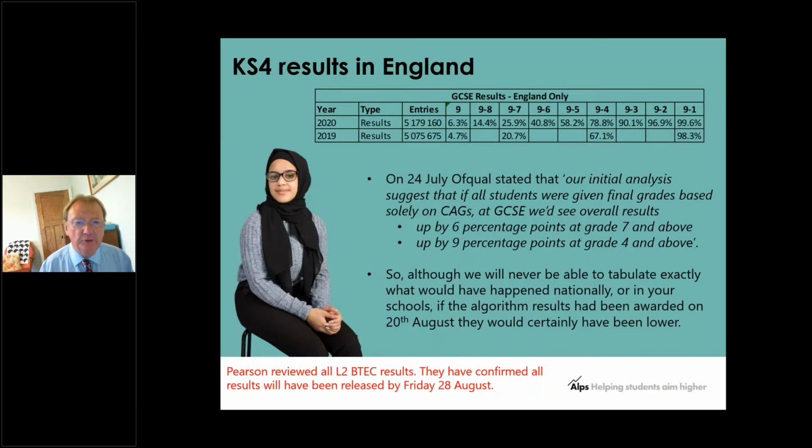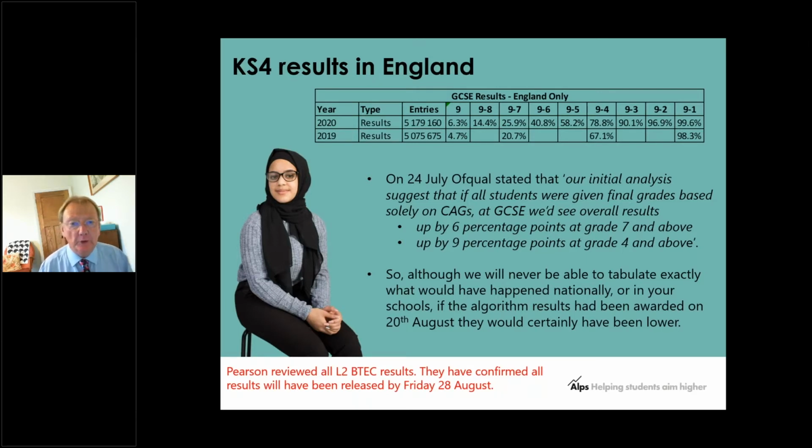We can't exactly, therefore, which we can at A-level, show you the absolute difference that awarding the CAGs made. But Ofqual very helpfully at the end of July did, when they were saying why they weren't going to be able to use the unstandardized CAGs, they did tell us that actually using the CAGs would put results up by 6 points, 6% at grade 7 and 9% at grade 4.